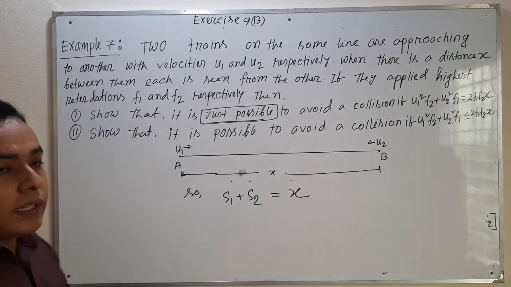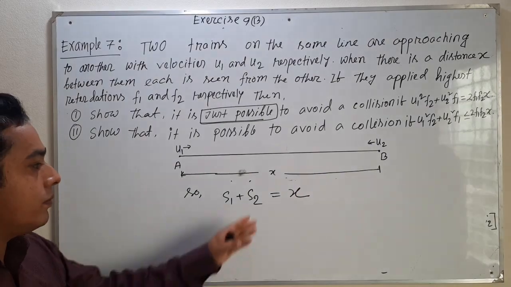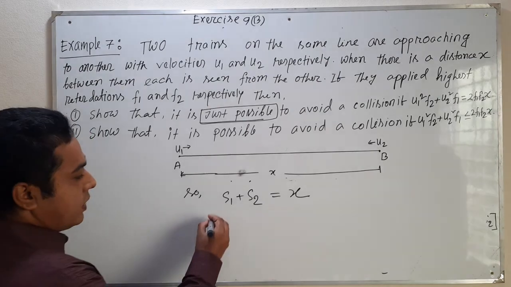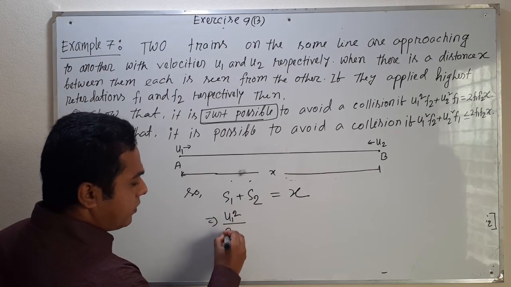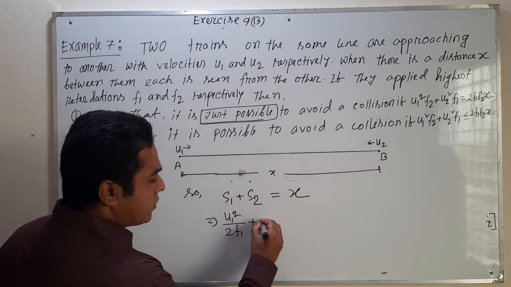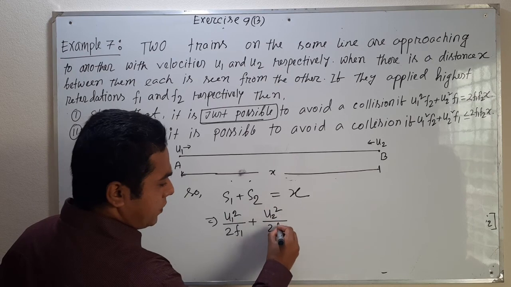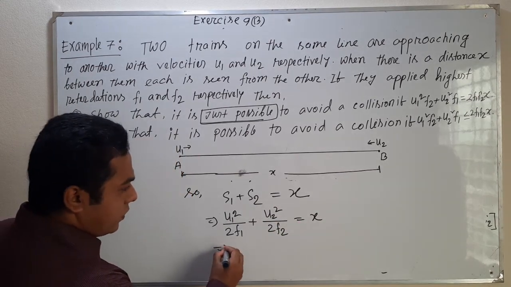Otherwise the trains fall into collision. So s1 is u1 square divided by 2f1, s2 is u2 square divided by 2f2, and s1 plus s2 is equal to x.